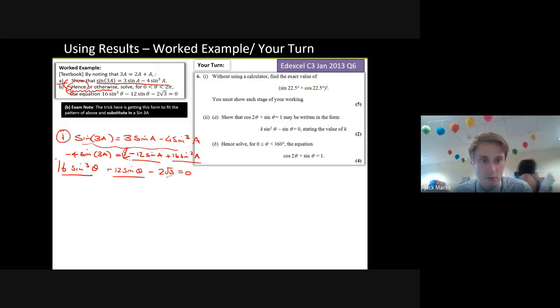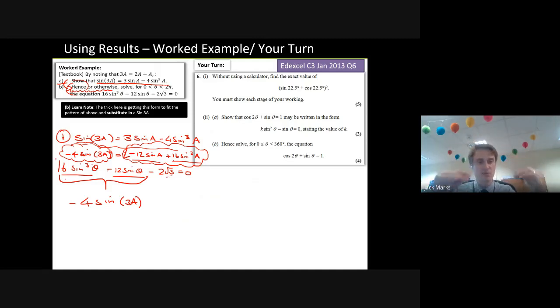And all of this here, we just worked out can be written by this part here on the left-hand side. So all of this, I'm going to write this as -4 sine 3a. Now, there's other ways you could have done that, but I quite like starting with the rule and multiplying up the rule so that it looks the same. I think that's quite a nice way to do it.